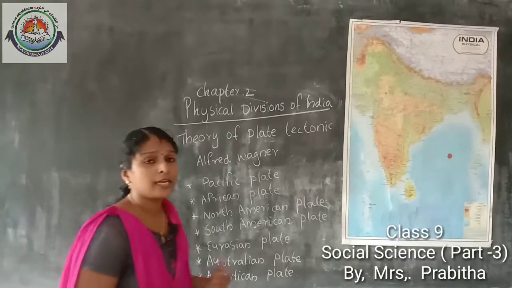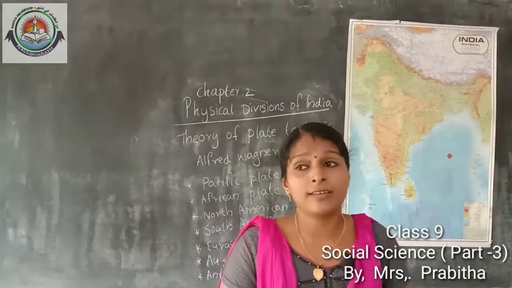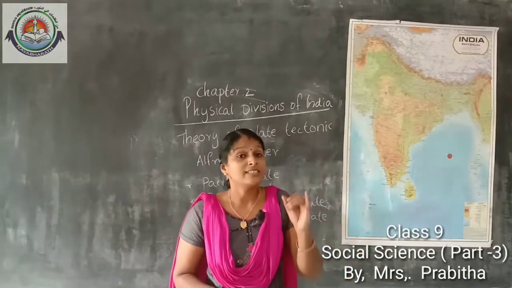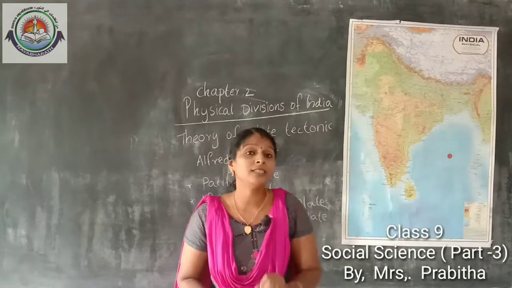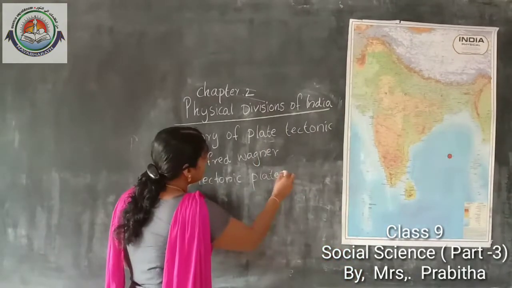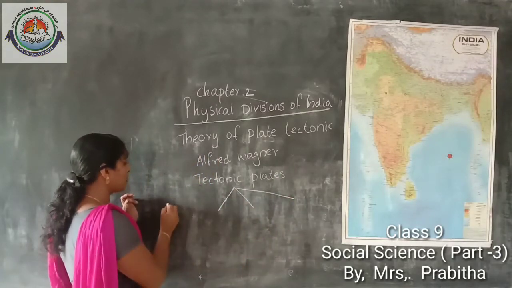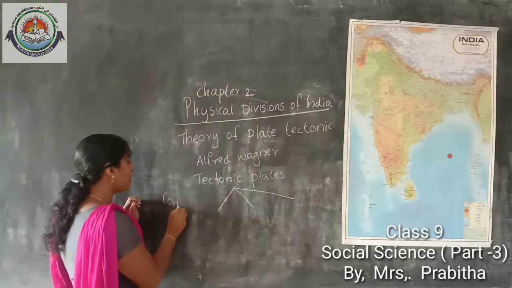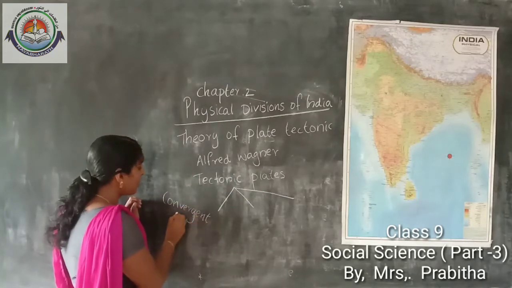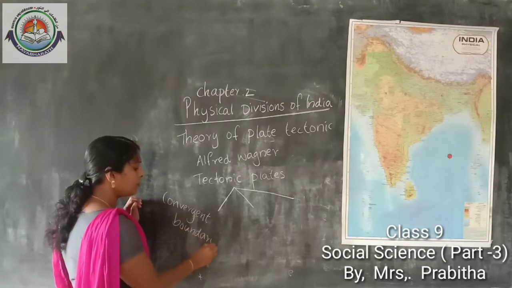Then this theory of tectonic plates talks about 3 boundaries. First one is convergent margin, second one is divergent margin, and third one is transform boundary. First one is convergent boundary or convergent margin.